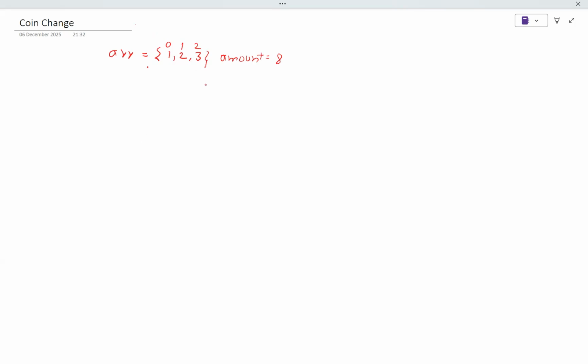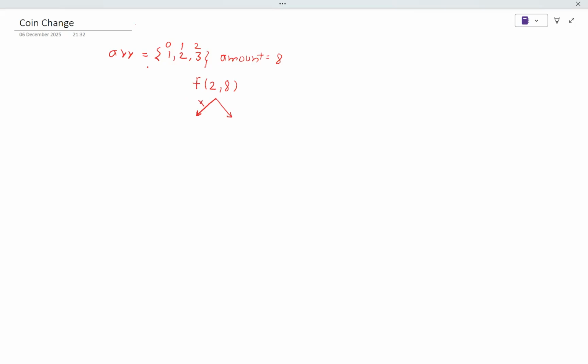So if we express this particular problem in terms of index, then we are starting with index n minus 1 and our target amount is 8. So there could be two possibilities: one is pick, another is not pick.